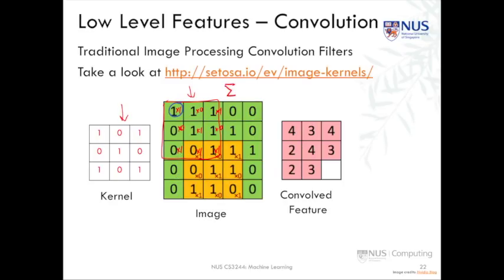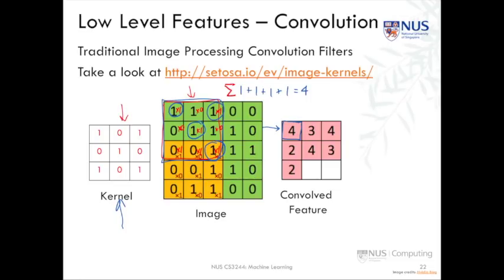So it looks like I have a 1 here, plus a 1 here, plus a 1 here, plus 1 here, and all of the other ones are 0. So I'm going to get a 4 as an output. Since this particular position corresponds to the upper left-hand corner of my grid, I'm going to get this number 4 as the result of applying this kernel to this particular location to get this output at the same position.